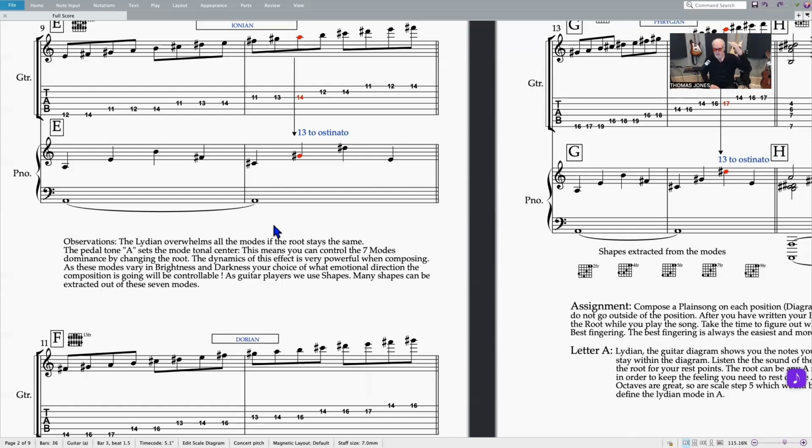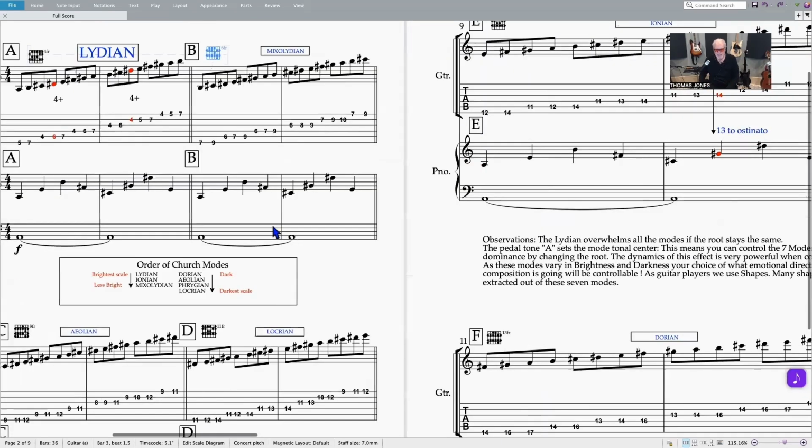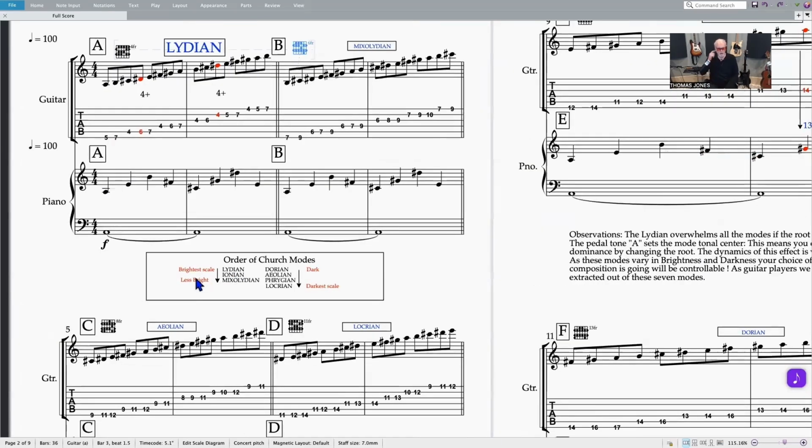Because what happens is that from the lightest note, you start flatting notes. You flat the 4 plus, and you get just a normal 4, and that takes you to the Ionian. I'll show you here. This is the order of brightness to darkness.